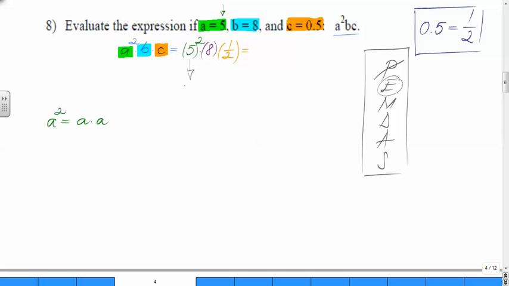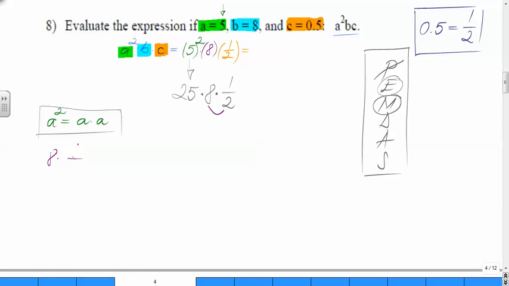That 5 squared is 5 times 5, right? This is the rule. A number squared will be a number multiplied by itself, and that's 25. Times 8 times 1/2. Now, obviously the next one is going to be multiplication, but we know that multiplication is commutative, so I can switch places. I can multiply in whichever order I want, and I'm doing this because I would like to multiply 8 times 1/2 first.